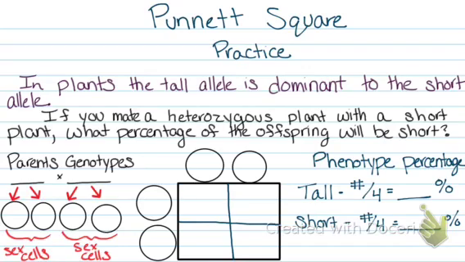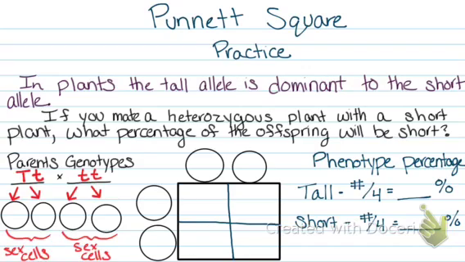Okay, now for the correct answer. A heterozygous plant would be a plant that has 2 different alleles. So it would have a capital T and a lowercase t. The second parent is short. So once again, the only way to be short, because short is recessive, is if there are two lowercase t's.